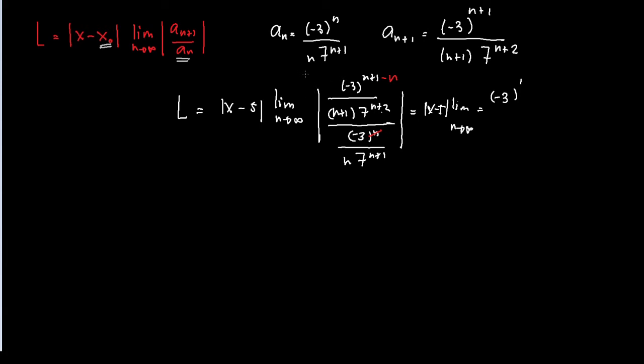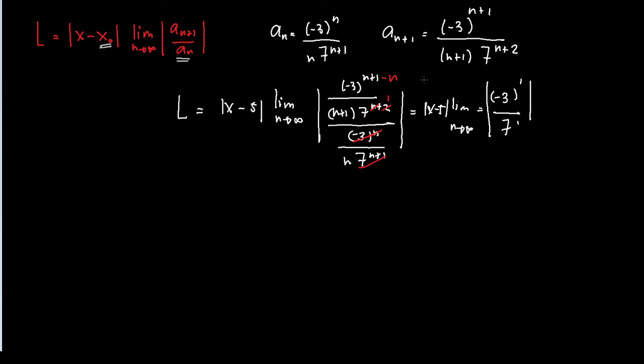So it's going to be minus n minus 1. So minus n would cancel out the n, and then 2 minus 1 is going to be positive 1. So meaning we will have 7 raised to 1.